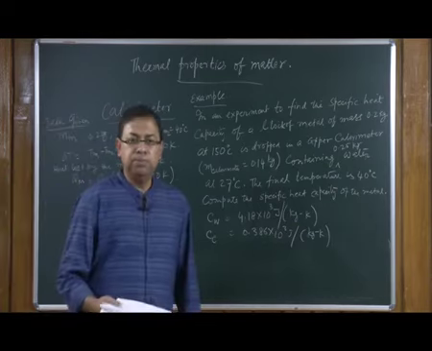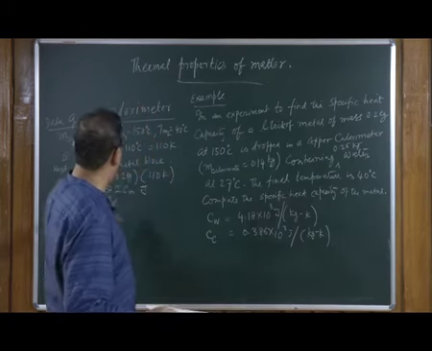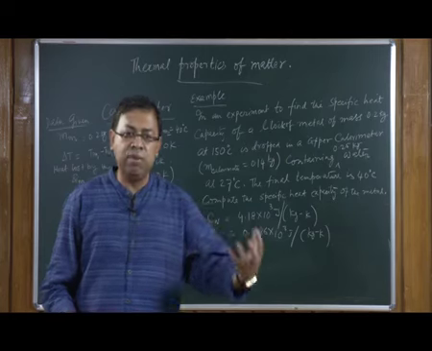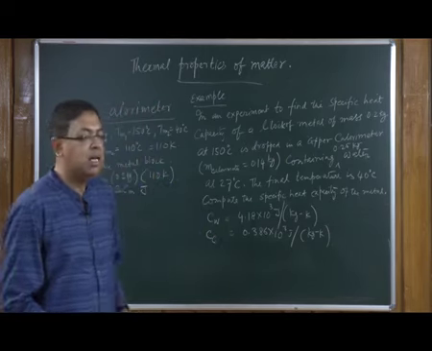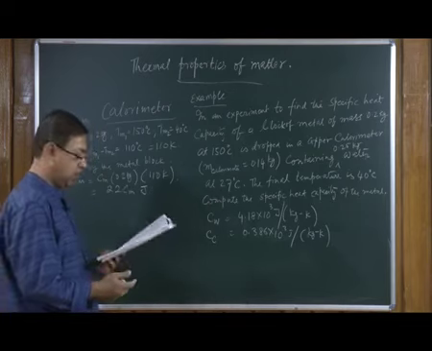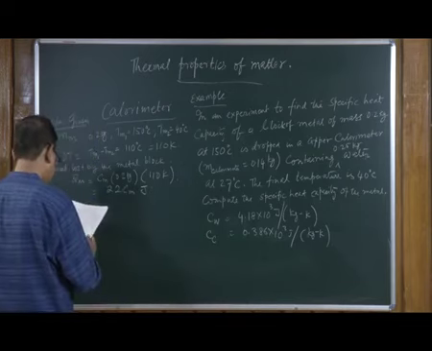Now, this heat is lost by the metal block. It has to be that the same amount of heat is gained by the water that is present and the copper calorimeter.